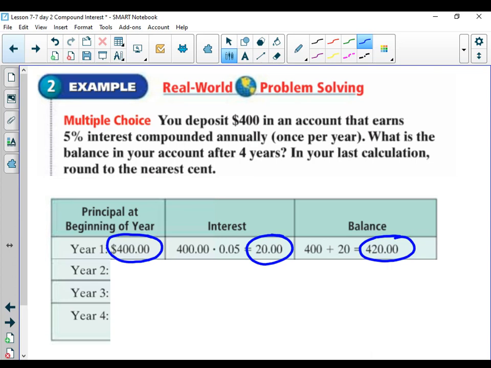Pete's bank says, well, I'm only giving you interest on your original amount. So even though you can take out $420, I'm still only using that original $400. And I'm still only giving you $20. So Pete is using this simple interest, same $400 every time.